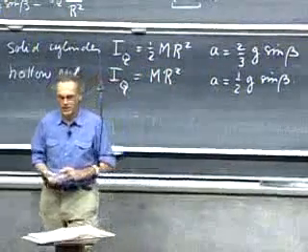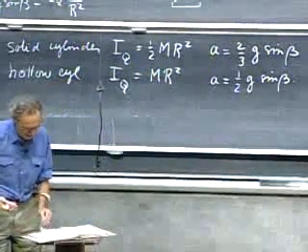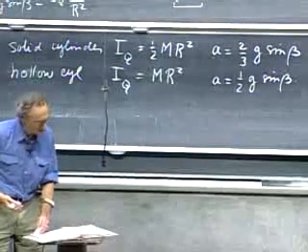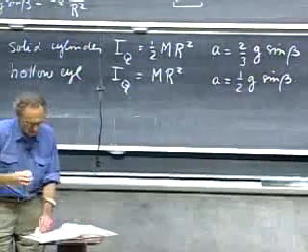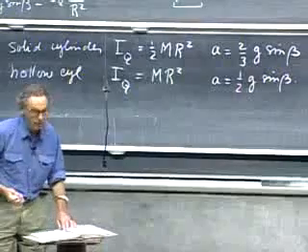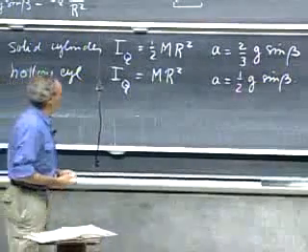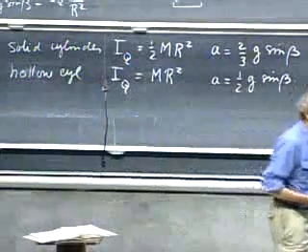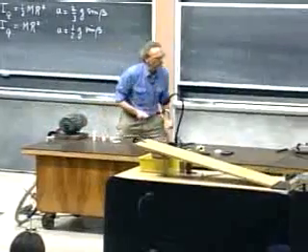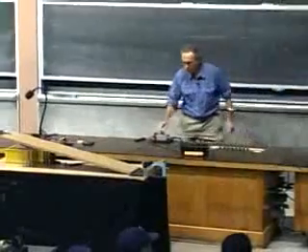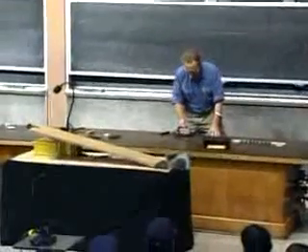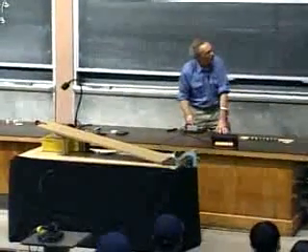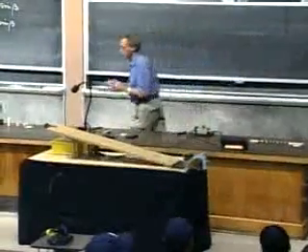So the hollow cylinder will lose in any race against a solid cylinder, regardless of mass, regardless of radius, regardless of length. And I want to show that to you. We have a setup here, and I'll try to show that to you also on the screen there. But for those of you who are sitting close, it's probably much better that you just look at the demonstration right here.